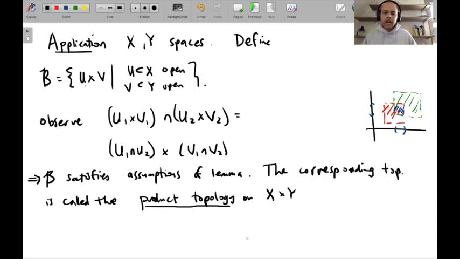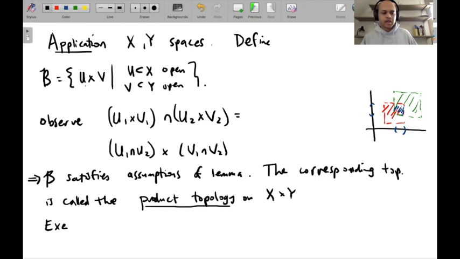Right, X times Y has lots of topologies. For example, you could take the discrete topology or the indiscrete topology, but this product topology is a topology that incorporates the given topologies on X and Y. And it has nice properties.